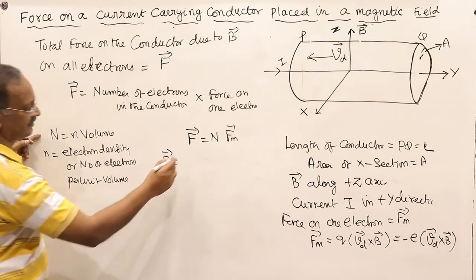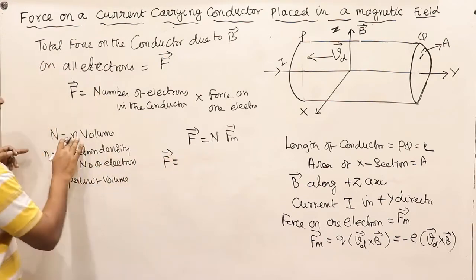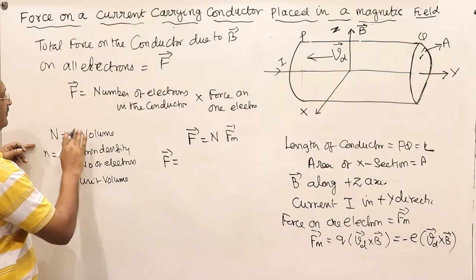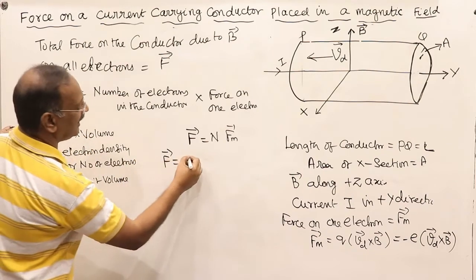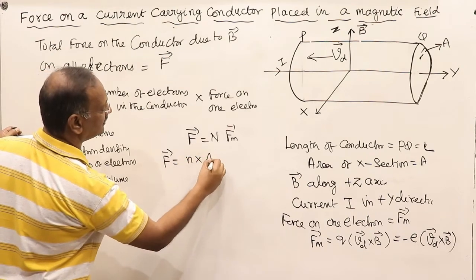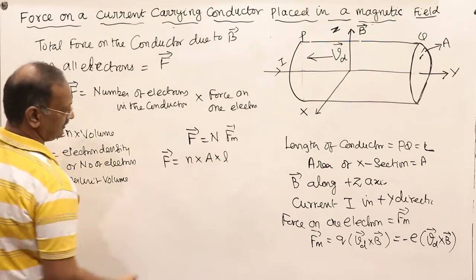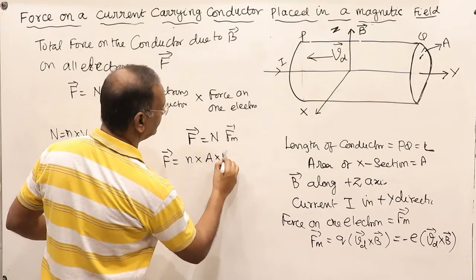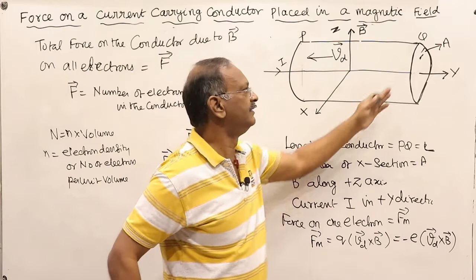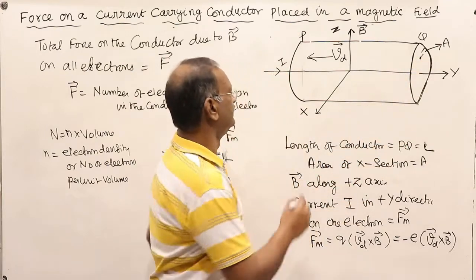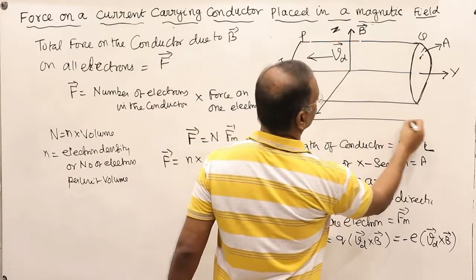So F is equal to n into volume, where the volume of the conductor is equal to its area into its length. This is the length of the conductor.